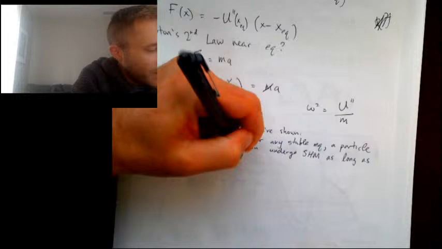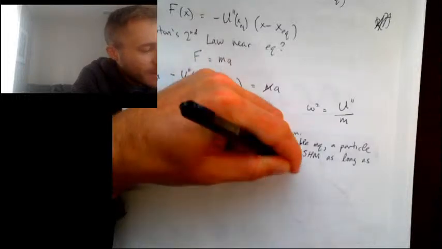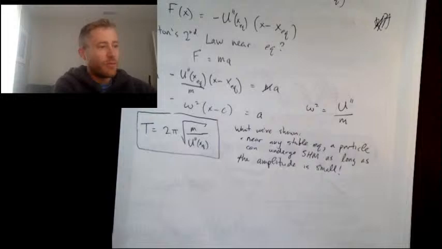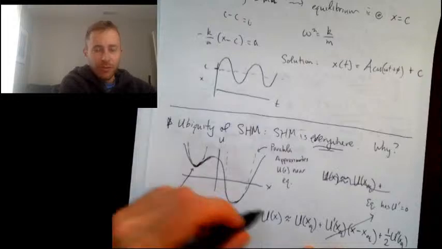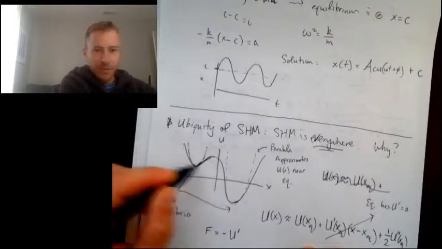So near any stable equilibrium, a particle can undergo simple harmonic motion as long as the amplitude is small. What happens if the amplitude is too large? If the amplitude is too large, then the particle is vibrating so much that it goes over the hump into other equilibria.